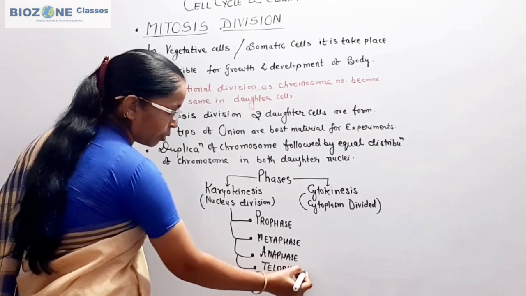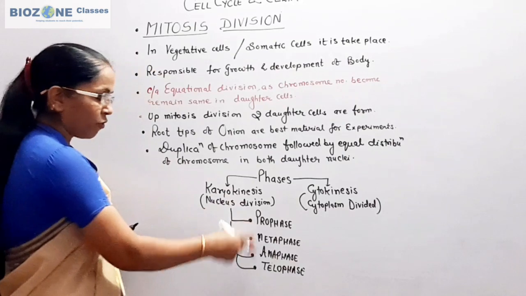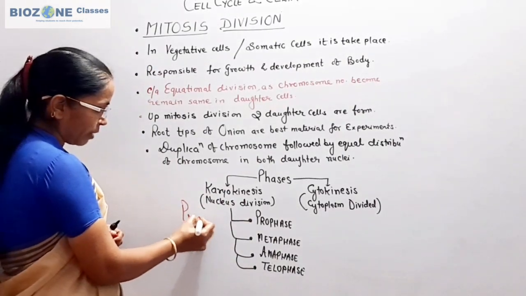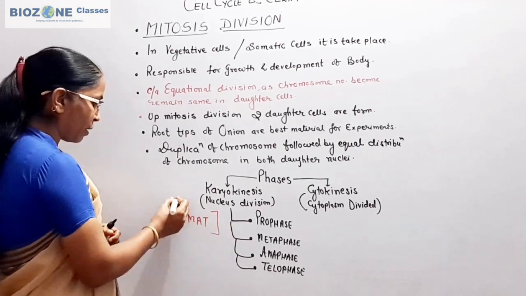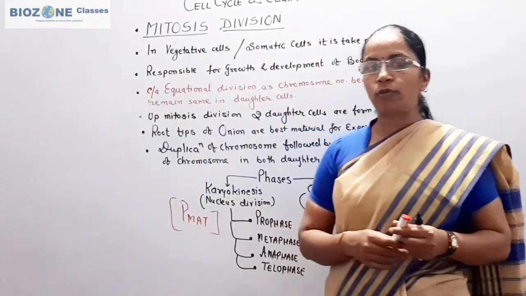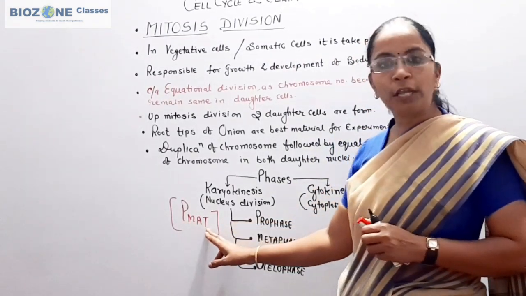So this part you remember. If any of the students have any kind of confusion for its sequence, so simply you remember PMAT. PMAT अगर आप याद रखते हैं, so you can recall the sequence of the phases, that is prophase, metaphase, anaphase and telophase.